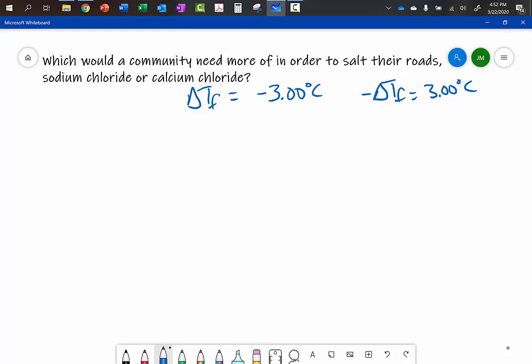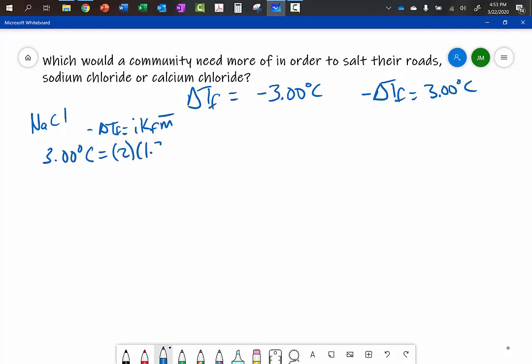All right, so how am I going to know this? I'm going to know this by setting up my equation. So I'm going to look at sodium chloride first. For sodium chloride, if I wanted to reduce my freezing point by 3 degrees Celsius, then, just remember, we have negative delta TF is equal to i Kf times molality. My i value for NaCl is going to be 2.